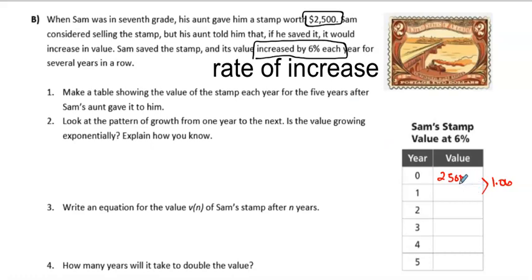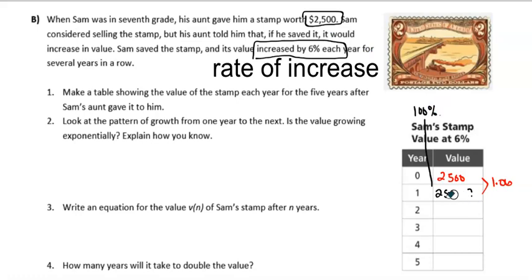So my money's not going down, right? So I'm definitely going to have the $2,500 in there already, and some more money, right? So how much more money? Alright, so that $2,500 represents the 100% of my money that I'm starting with.